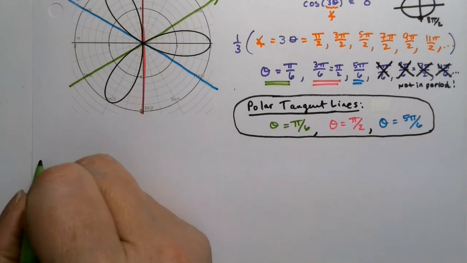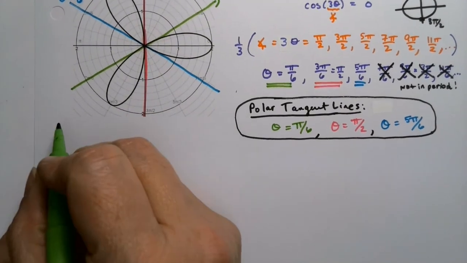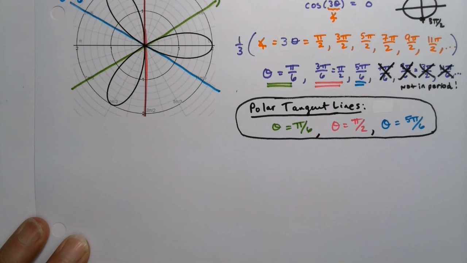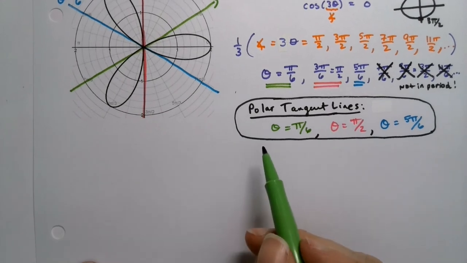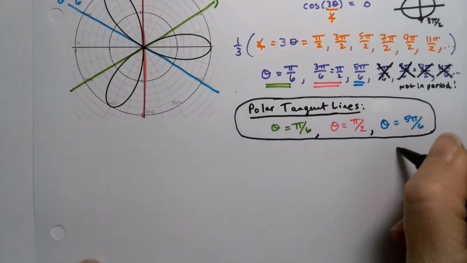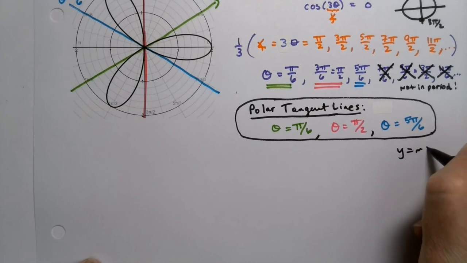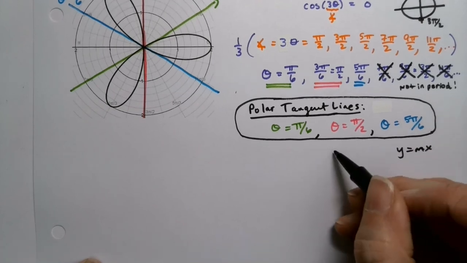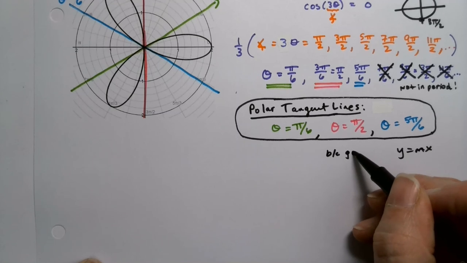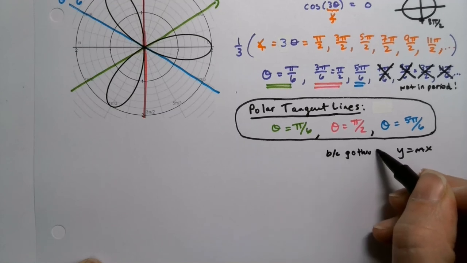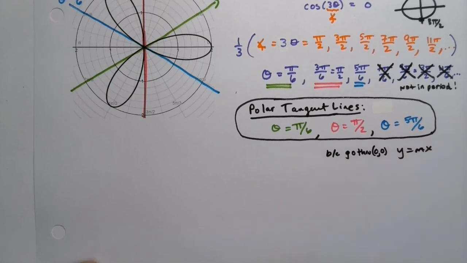Okay, so let's think here. Well, I know all these things go through the origin, so I know it's all going to be just y equals mx, right? There's not going to be any b because they go through the origin, right? It'll just be y equals mx.